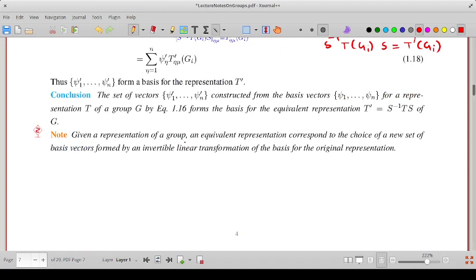Given a representation of the group, an equivalent representation corresponds to a choice of a new set of basis vectors formed by an invertible linear transformation of the basis for the original representation.